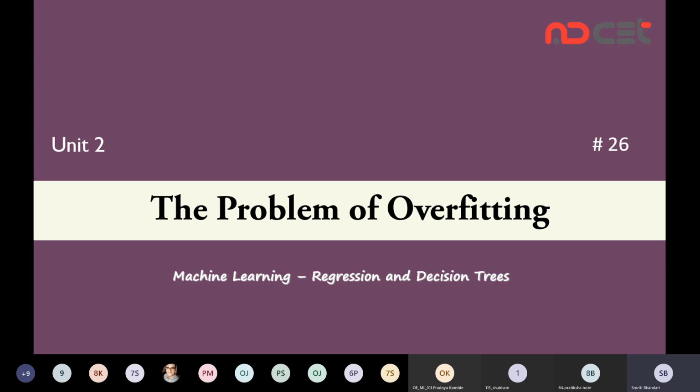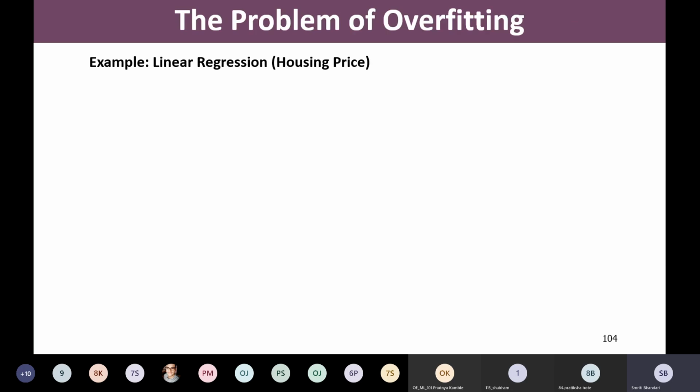In fact, we have touched upon this point earlier in brief in unit number 1. So let's see once again what the problem of overfitting is. Let us once again assume our running example of housing price, right?